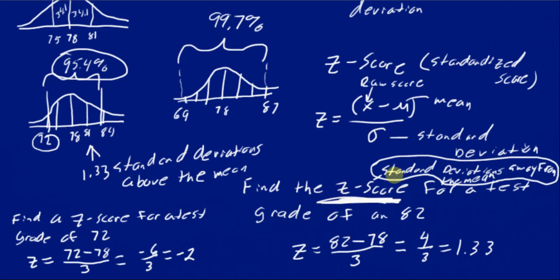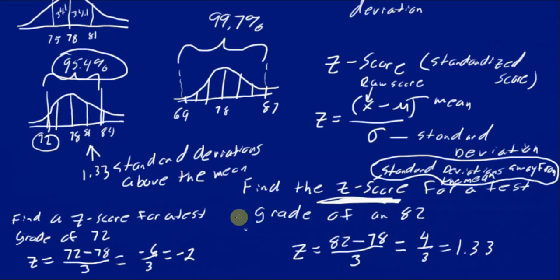So that's why we call this a standardized score or a z-score. Z-score is just your standard deviations, and it's a standardized score. It allows us to take any normal distribution and compare them relatively to one another.